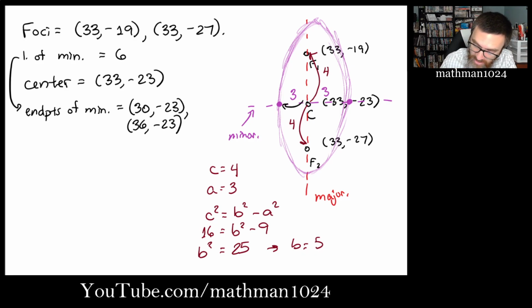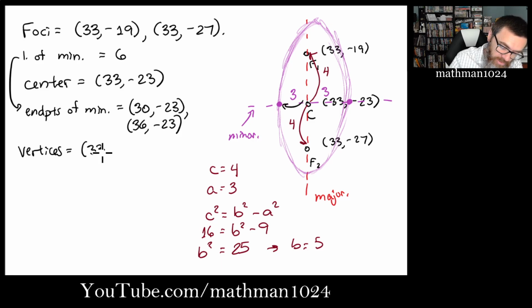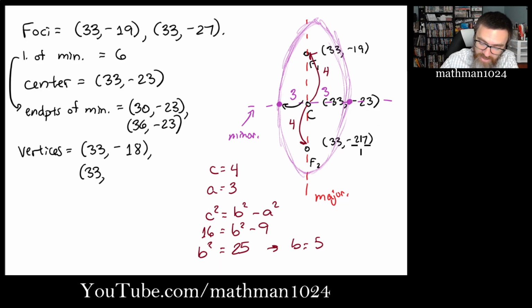So to find my vertices, that's going to be 5 units up and down from the center. So 5 units up from the center means adding 5 to this, so that's negative 18. Subtracting 5 from this makes that negative 28.